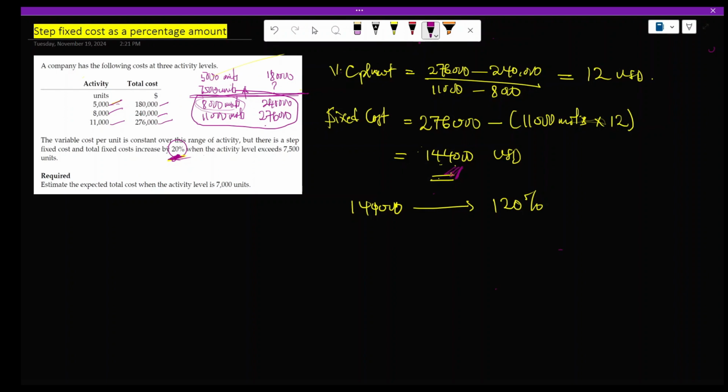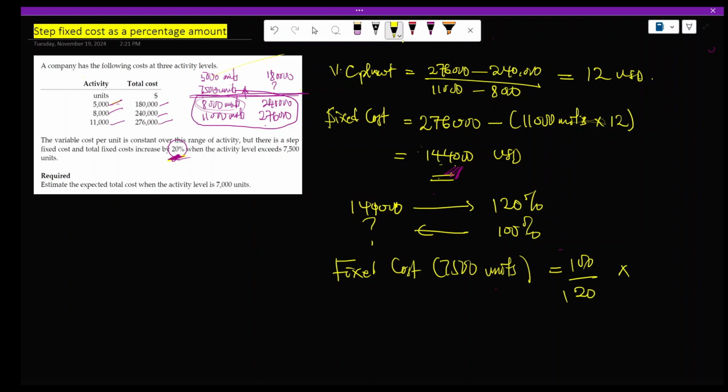Now we want to work back to 7,500 units, which will be equivalent to 100%. So what will be the fixed cost? If less, more divide. So the fixed cost at an activity level of 7,500 units is equal to 100 over 120 times 144,000.